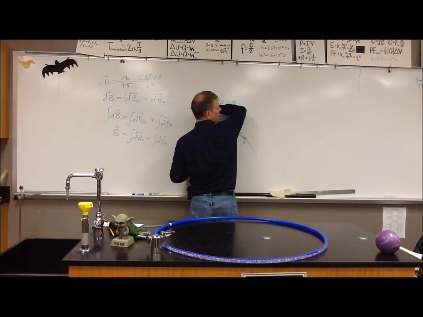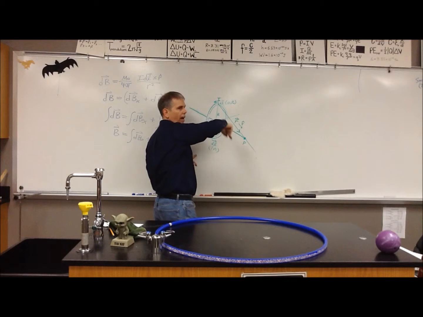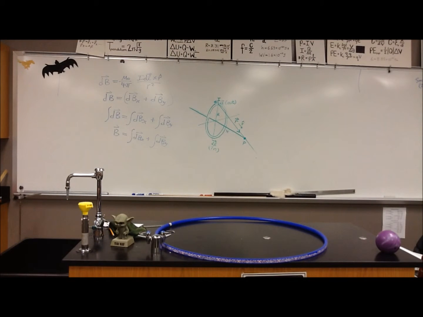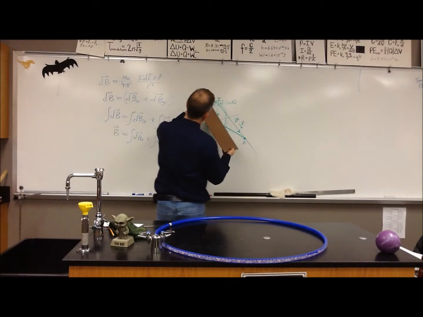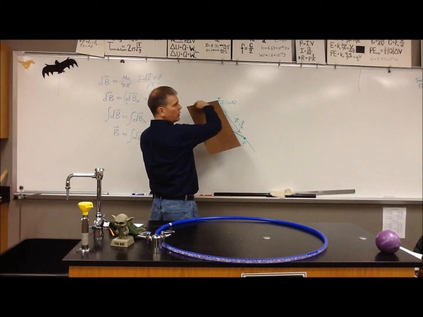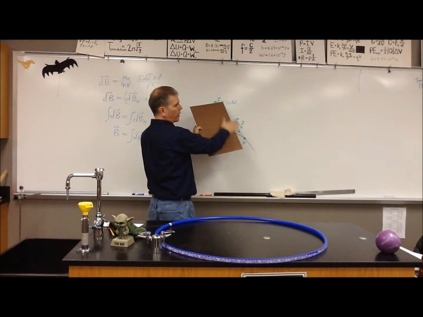dl cross r hat. So what we have to do, we make a plane of those two. So if dl is going this direction, this is the direction of r, and we have to sweep in that plane. We can't sweep this way.